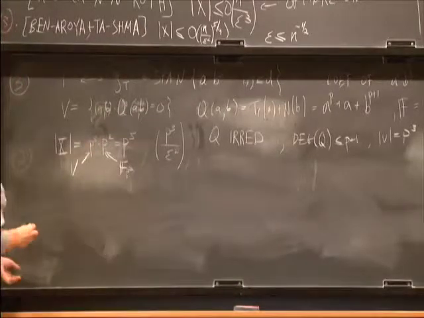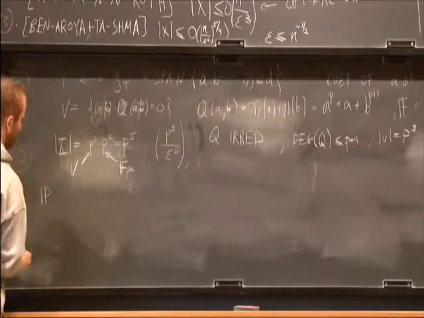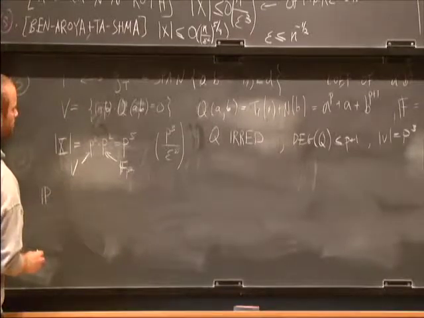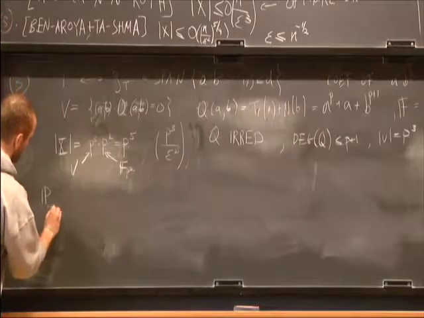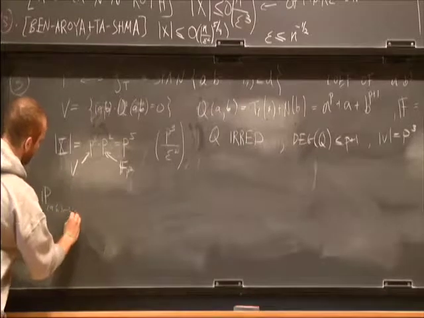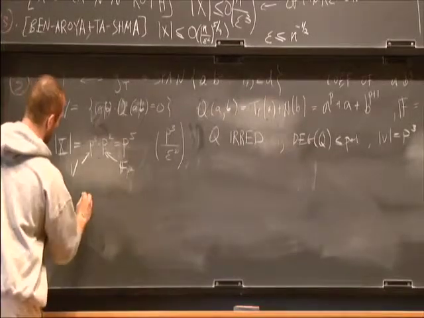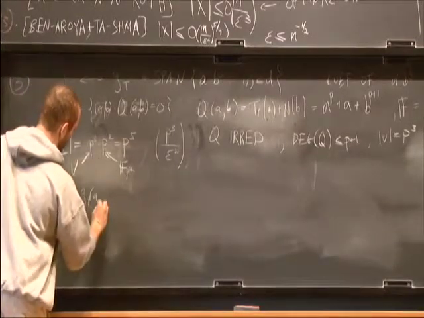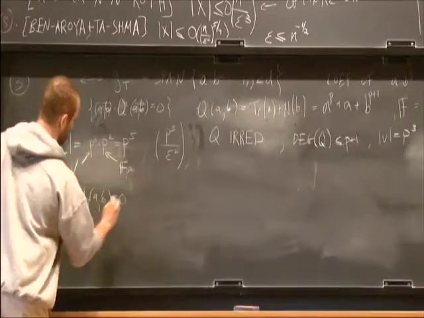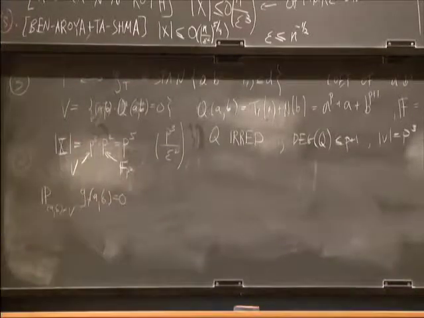So what is the probability over a and b in V that g(a, b) is 0? We want to show that this probability is small.